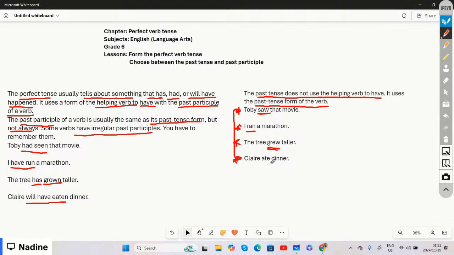And it says Claire ate dinner. So ate tells us the action that Claire did.